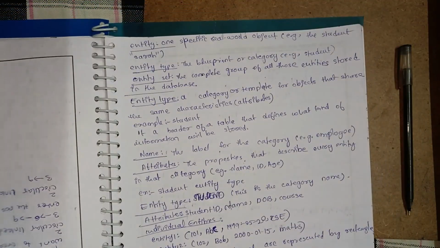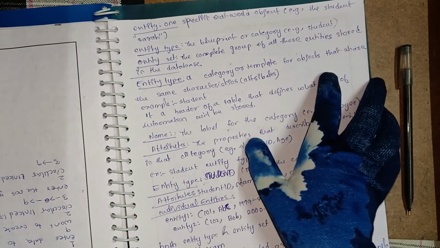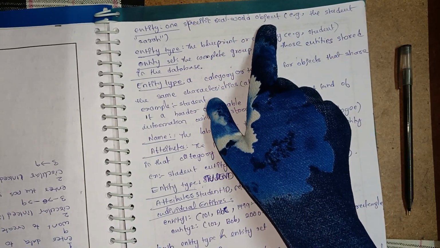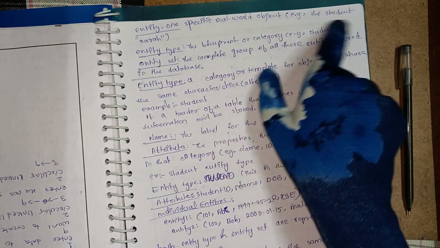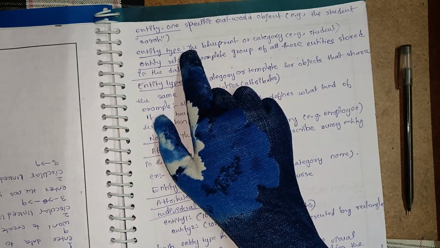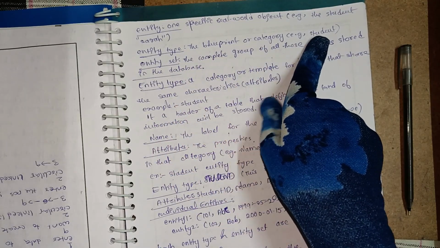Then entity: one specific real world object. Okay. Example, the student Sarah. And entity type: the blueprint or category. Example, student.